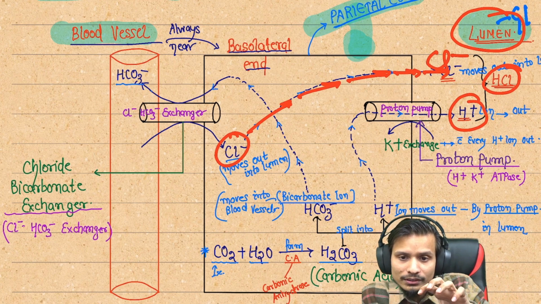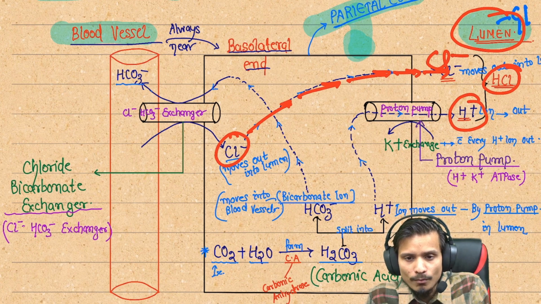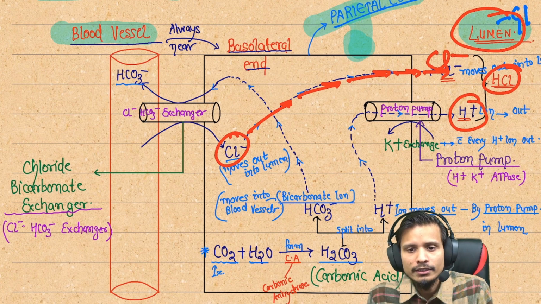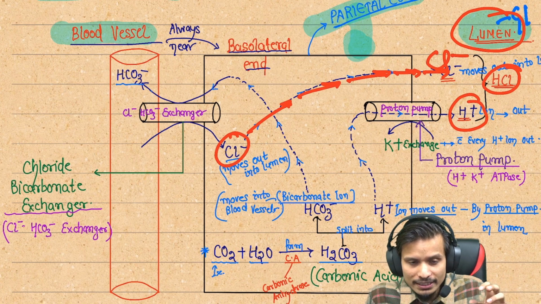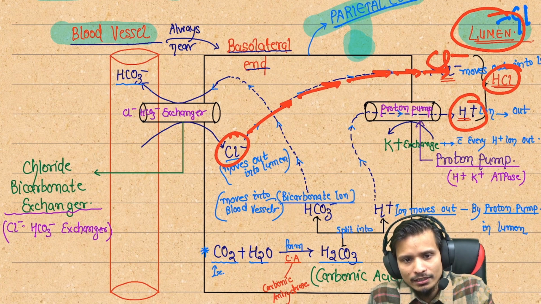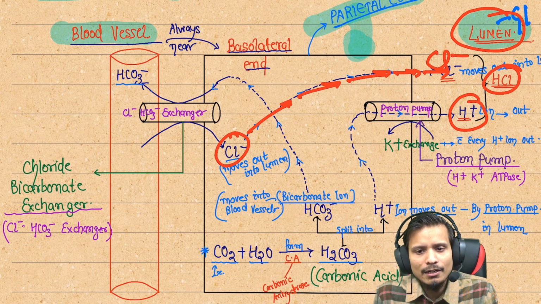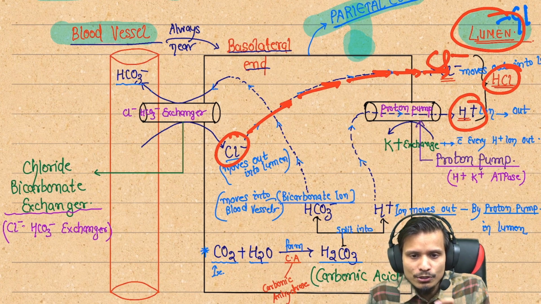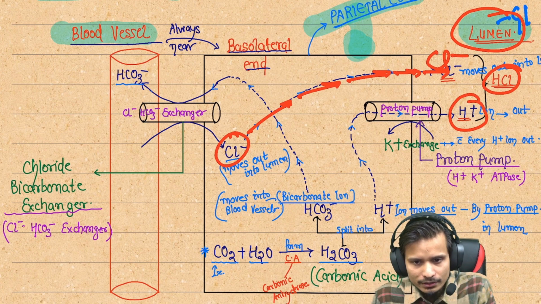So the HCl forms and moves into the lumen. The Cl comes from the blood by the chloride bicarbonate exchanger, moves through the basolateral end into the parietal cells, and then comes into the lumen, where it combines with H plus. Where is the H plus produced? In the parietal cells, and they come together and form HCl in the lumen.